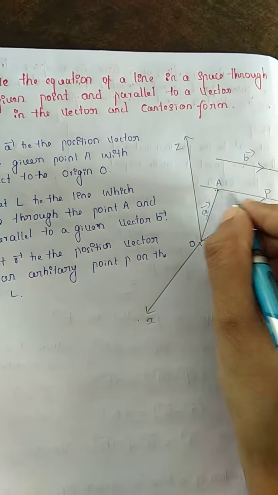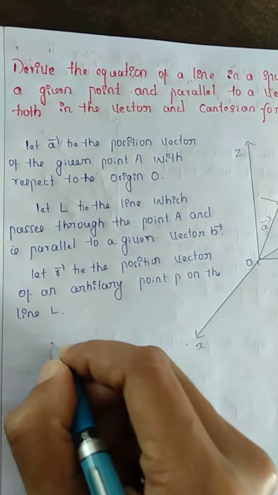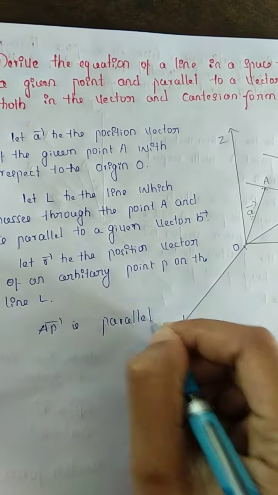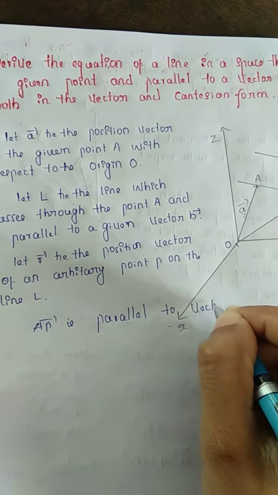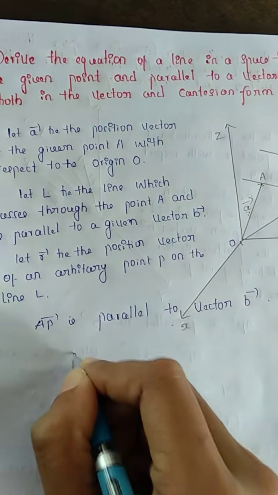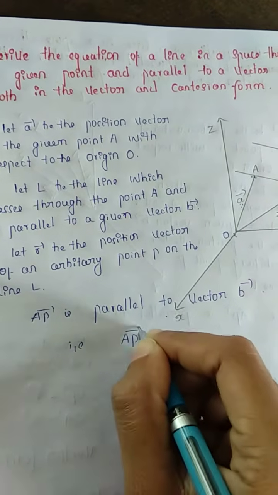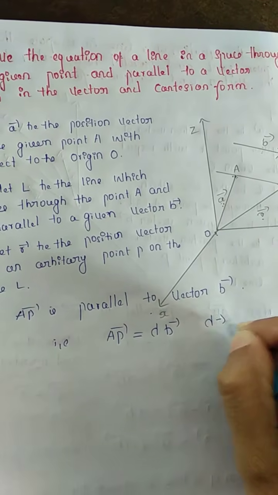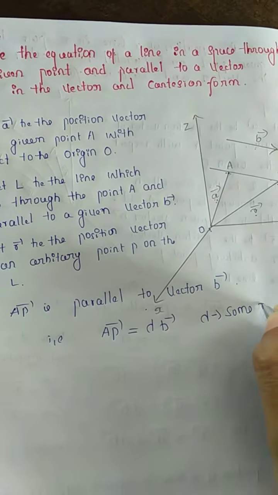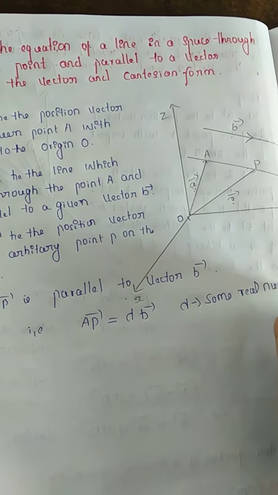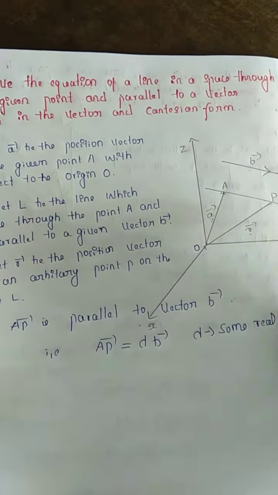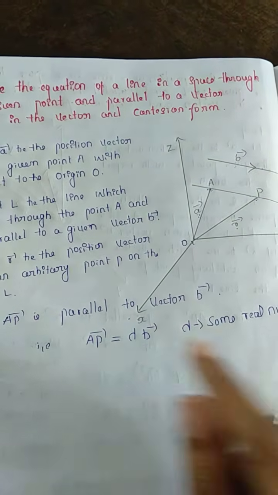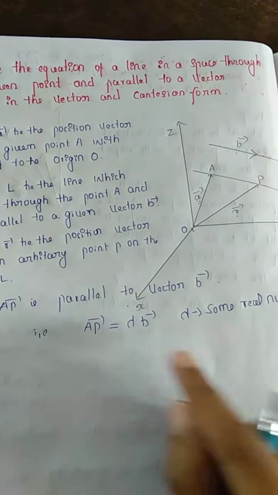Okay, and vector AP is parallel to vector B. So we write vector AP is equal to lambda times vector B, and here lambda is some real number.